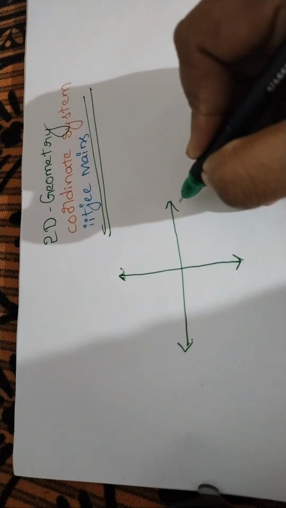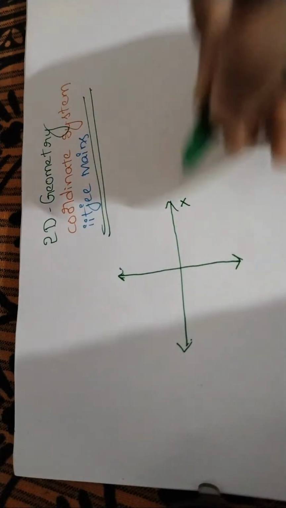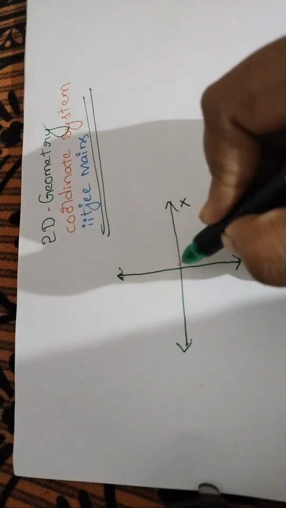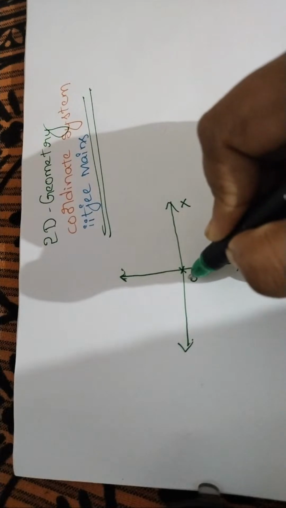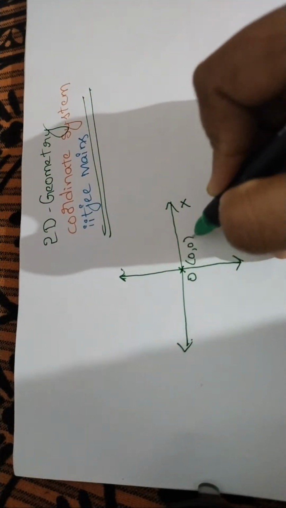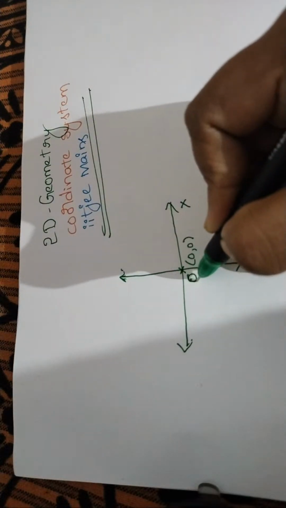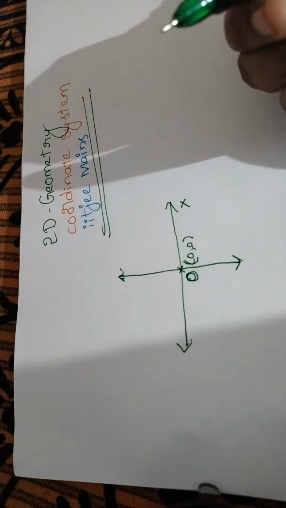So I will give names to these lines. It is the x-axis, that is the positive side, and the point of intersection of the two lines is called the origin, that is 0, 0. This is the origin.